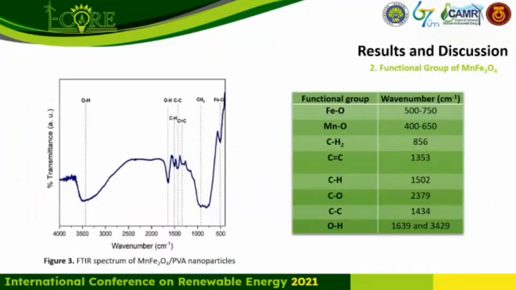FTIR. The result of the FTIR spectrum analysis is shown in figure 3, representing the vibration of functional groups and the vibration wave numbers contained in the manganese ferrite PVA nanoparticle, which can be seen in the table.